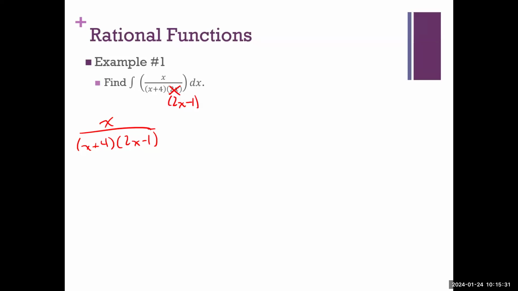That x plus 4 times 2x minus 1 is the least common denominator. So what kinds of things might I have added together to get that least common denominator? What would the more basic looking fractions look like? Or specifically, what denominators might they have had? x plus 4 and 2x minus 1. I have no idea what the numerators were, so I'm just going to call them A and B.